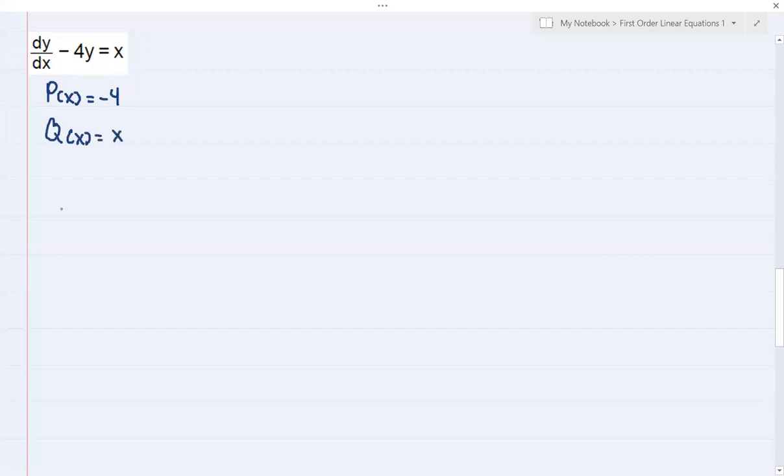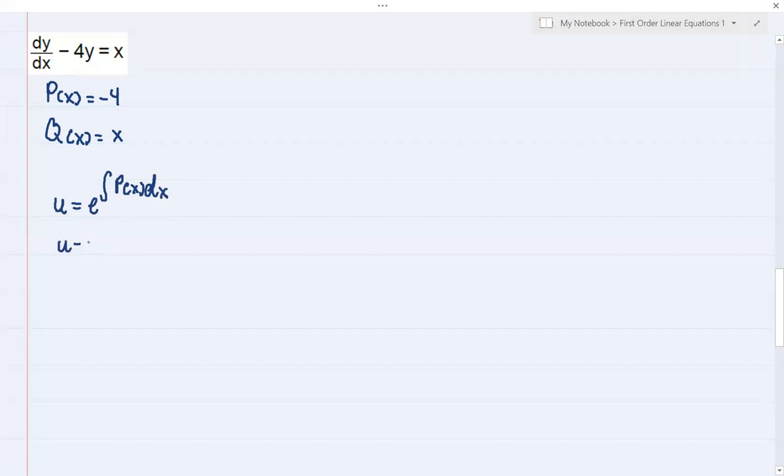Now let's proceed to the second step, which is finding your u. U is equal to e raised to the integral of your p of x. So what is your p of x?